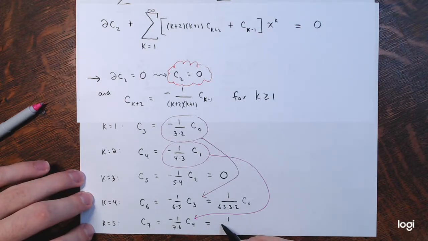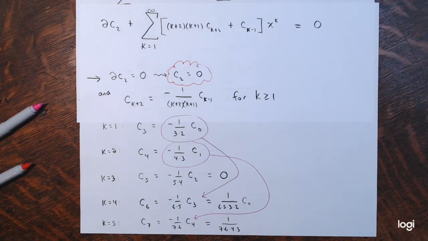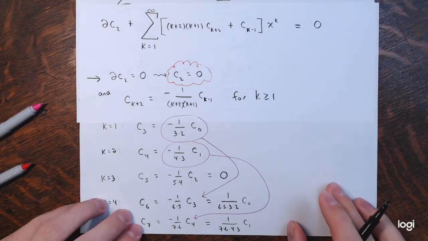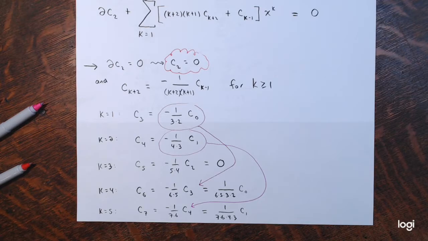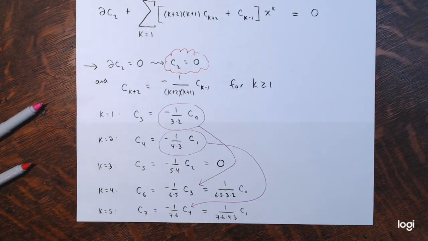And that makes this positive 1 over 7 times 6, but then times 4 times 3, and then times c1. So again, not quite 7 factorial. We're missing a factor of 5 and a factor of 2. But still, it depends on c1. Again, we're seeing that some constants will depend on c0, some constants will depend on c1.